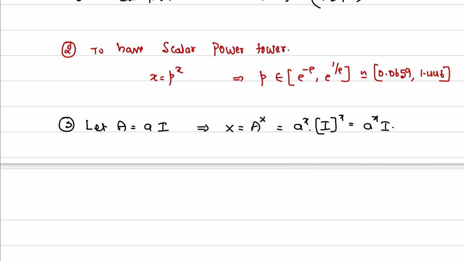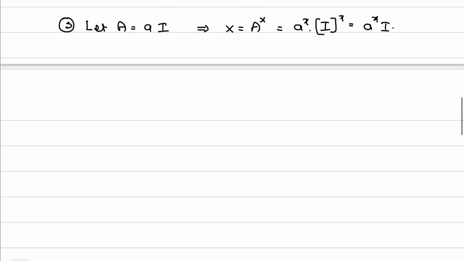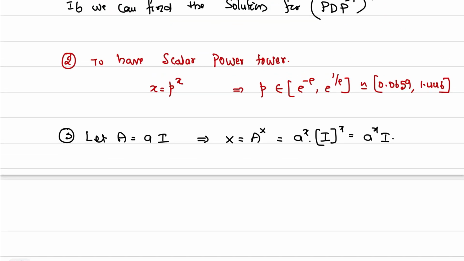A is equal to aI, X is equal to A to the power of X. Here let us use capital X, not small x, because everywhere we are using the capital X. Left hand side is capital X. Can we write like this?